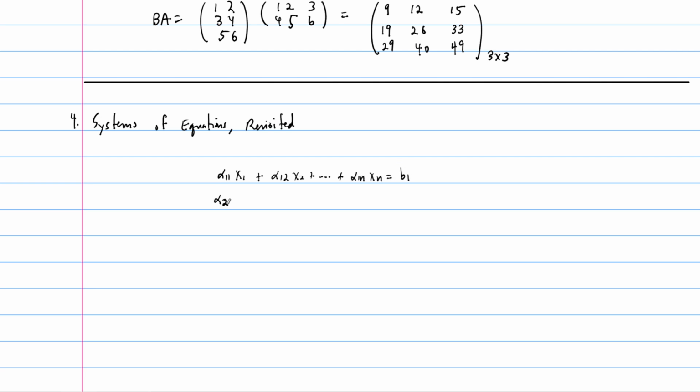And then we went to alpha 2,1 x1 plus alpha 2,2 x2, etc., through alpha 2n xn equals b2. And this continued until we got through alpha m1 x1 plus alpha m2 x2, all the way up through alpha mn xn equals b sub m. Right, and this all forms what we call a system of equations.